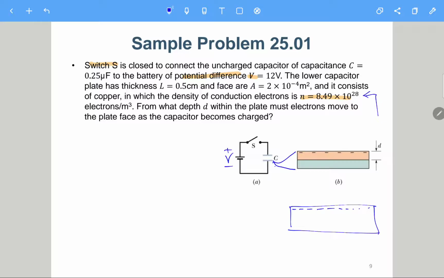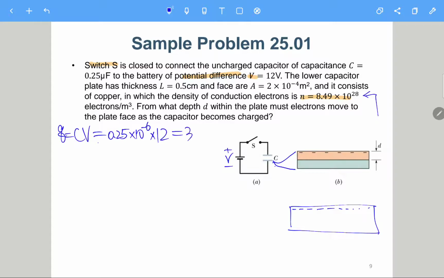So here, first we can calculate Q equals CV. C is 0.25 microfarad, and V is 12 volts.